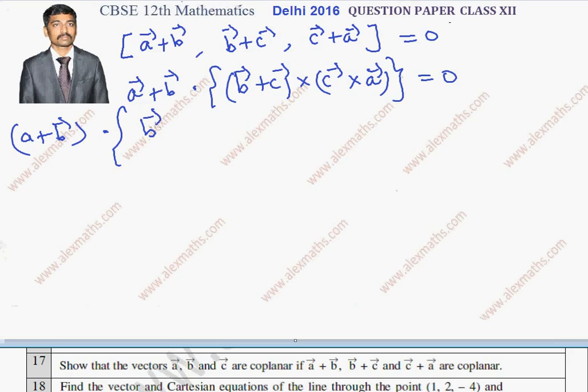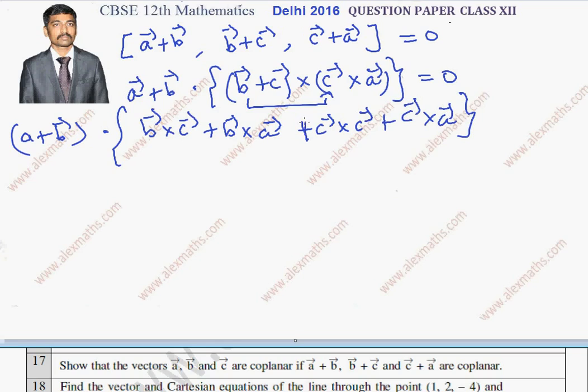We have b cross c, multiplying each and every vector, plus b cross a plus c cross c plus c cross a. Now c cross c is 0, so ignore this.